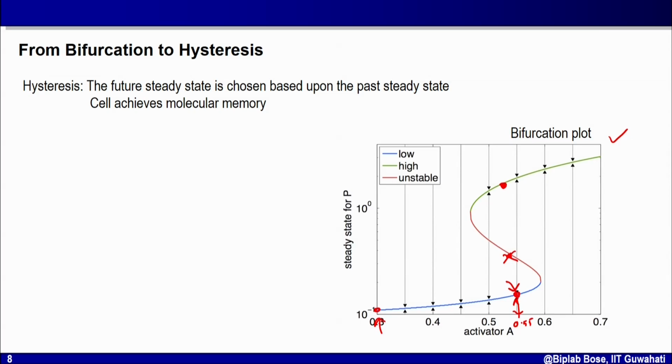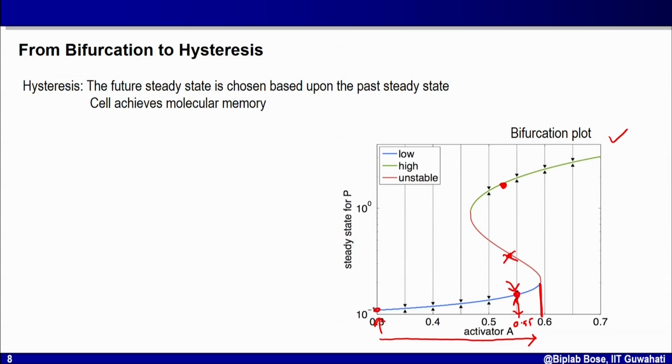This will happen till I reach near 0.6. In this whole range of A, up to near 0.6, the system will always remain on this blue line. Although for some values of A it has a chance to go to the higher value, it will not go there because on the phase plane or direction field it is far away.